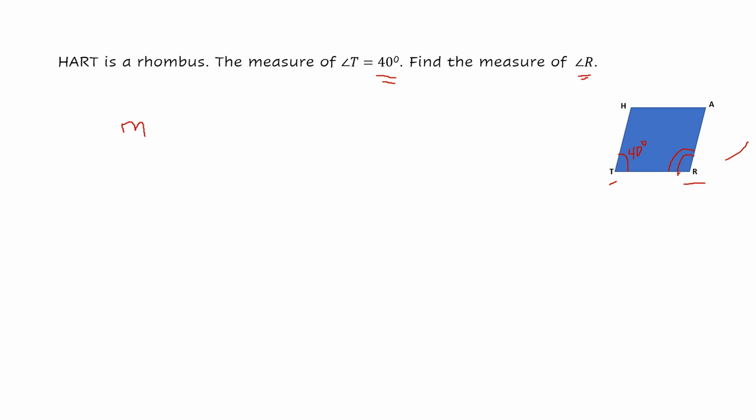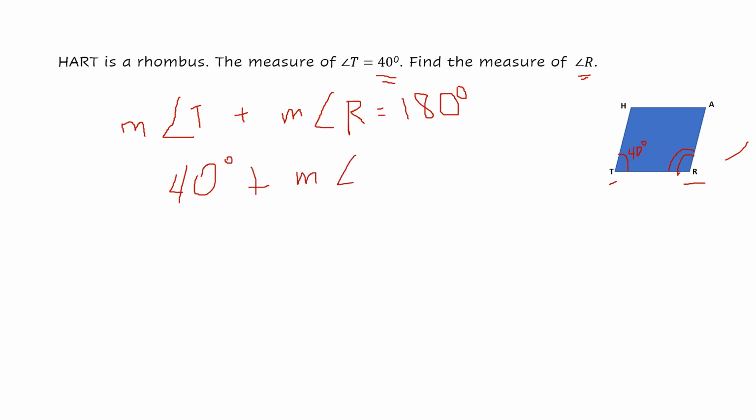So we can say that the measure of angle T plus the measure of angle R is equal to 180 degrees. Now, since angle T is 40 degrees, 40 plus measure of angle R equals 180 degrees.